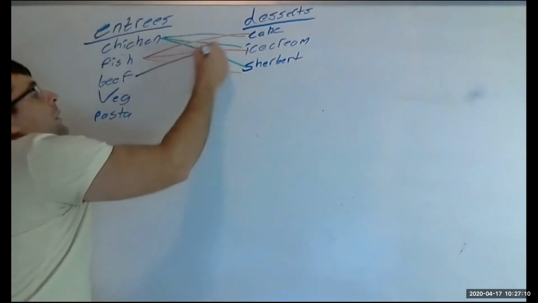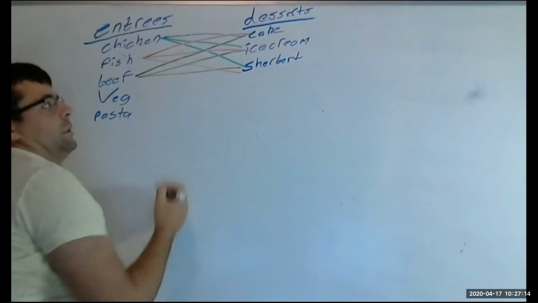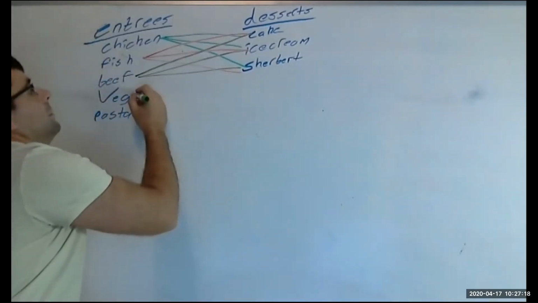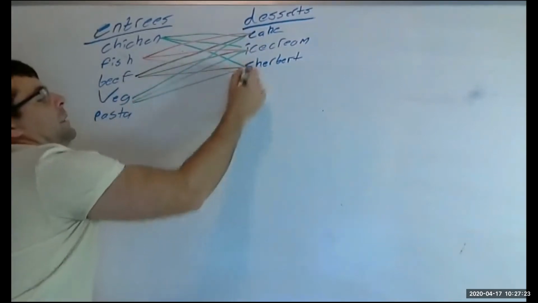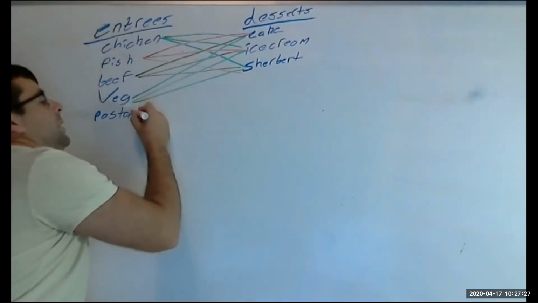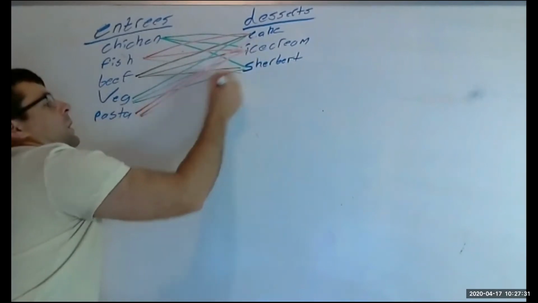Beef, cake, ice cream, sherbet. Vegetarian with cake, ice cream, sherbet, and pasta, the cake, ice cream, sherbet.